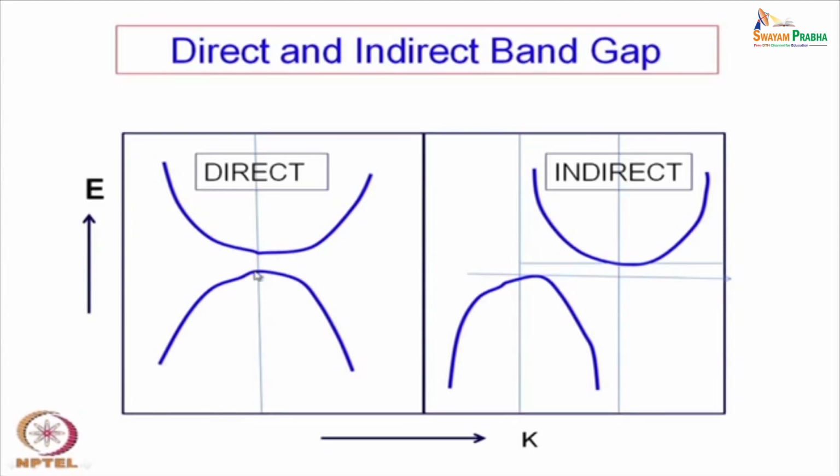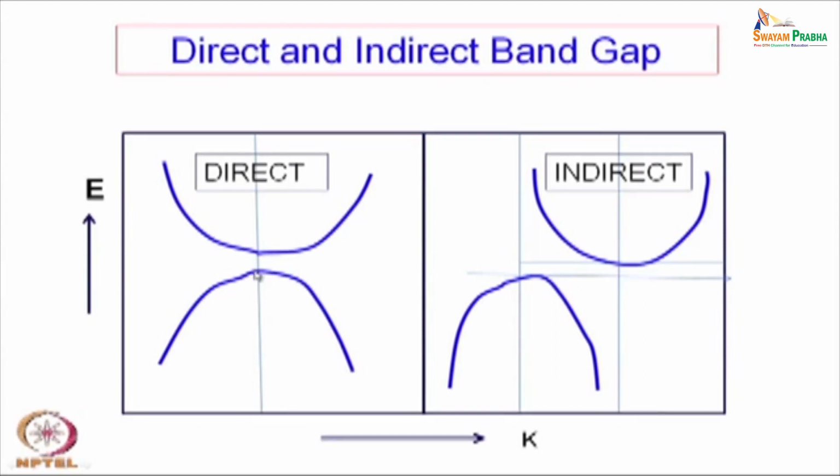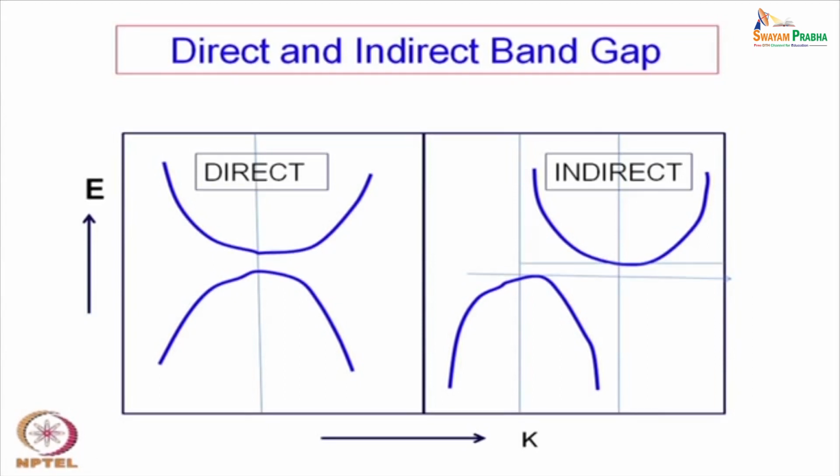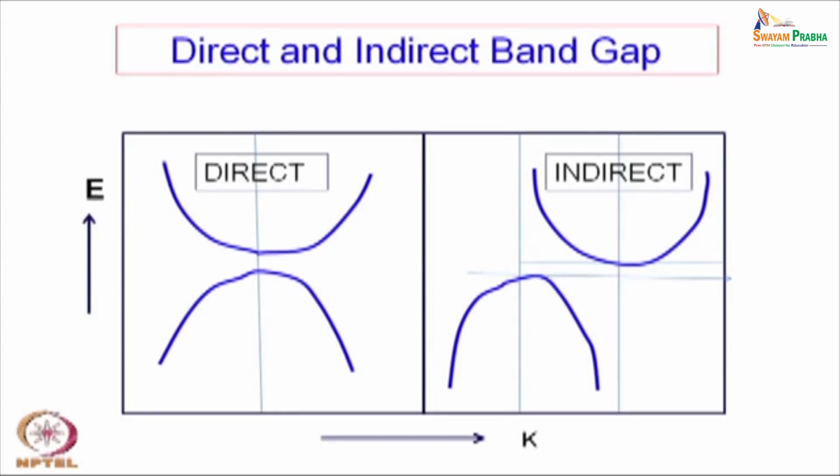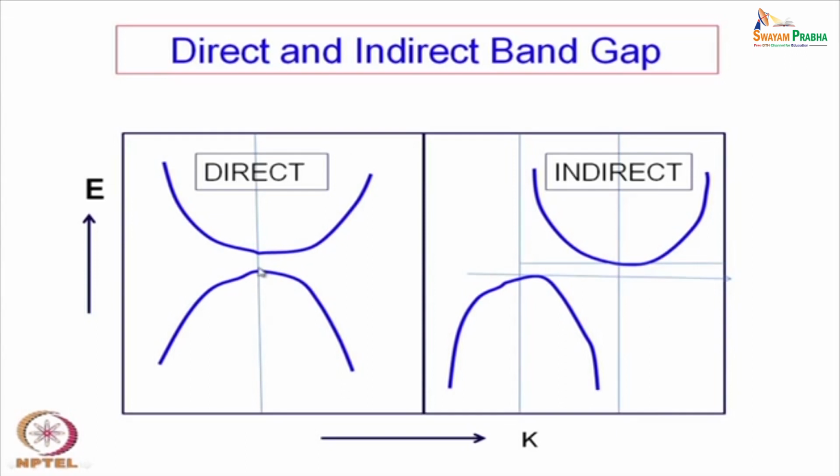So, if a particular solid has two different Brillouin zones of this nature and we have to say what is the band gap, then we have to draw this gap.